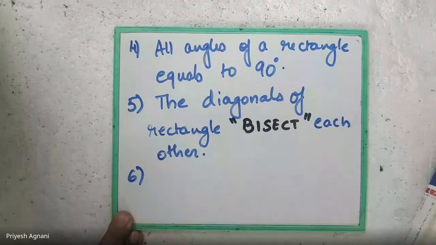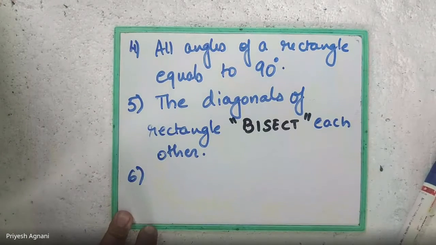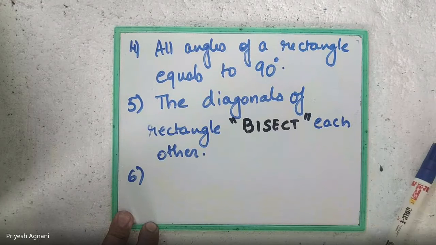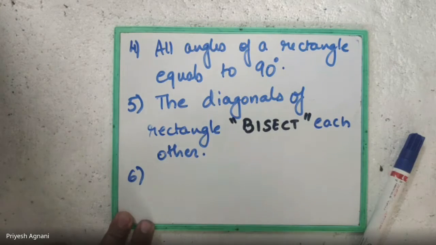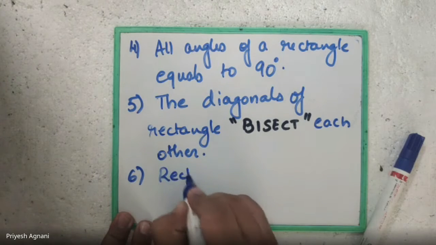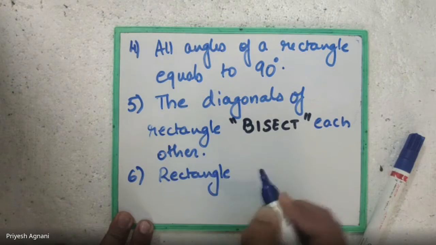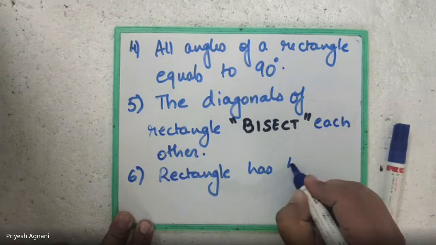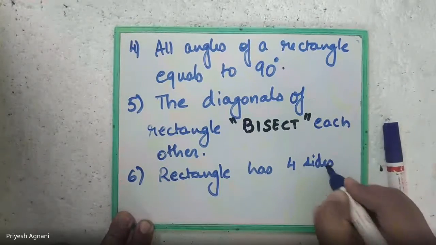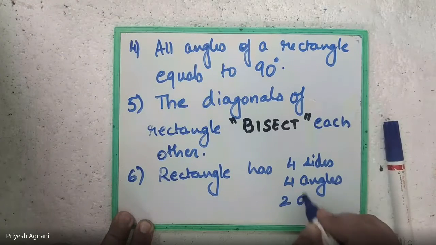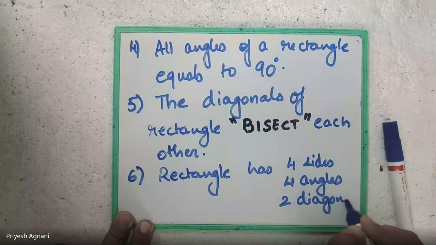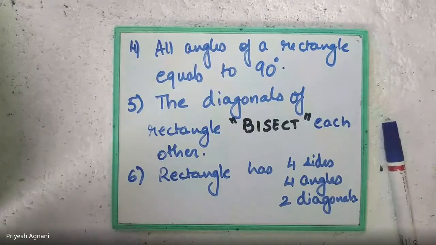Number six, rectangle has four sides, four angles, and two diagonals. Please write it down.